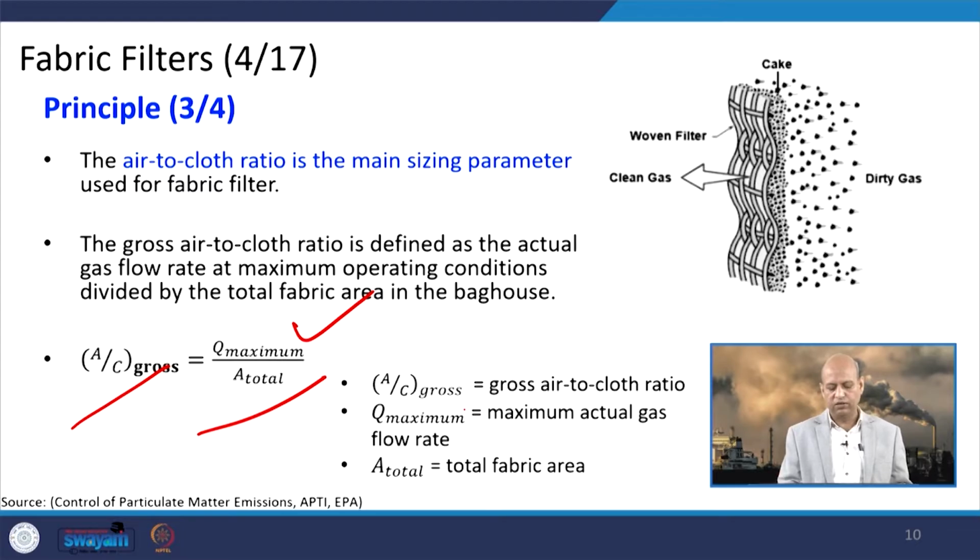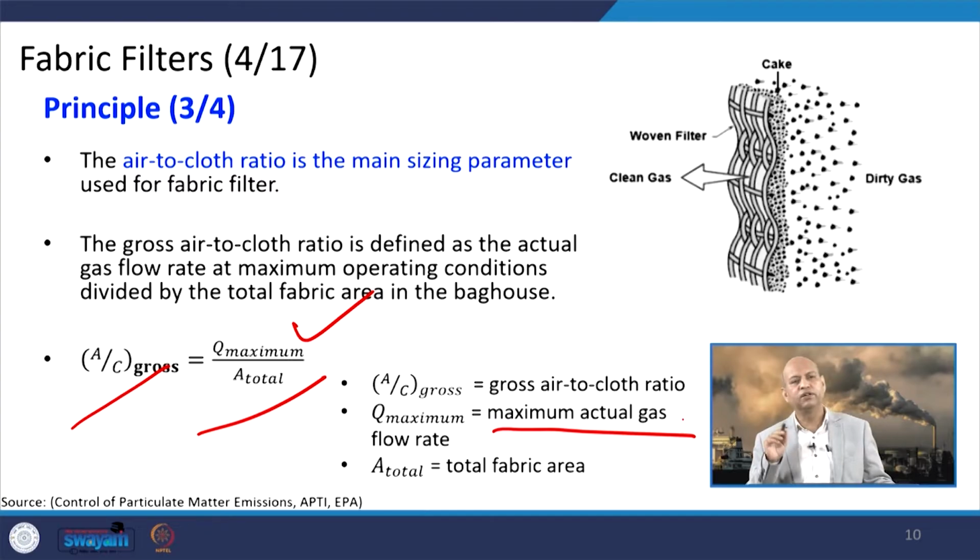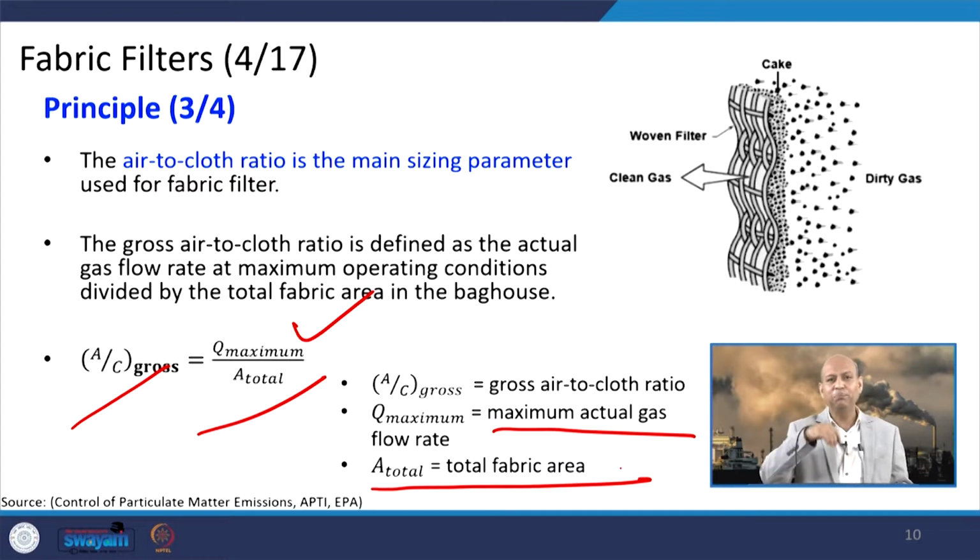Q maximum is the maximum actual gas flow rate, because it may fluctuate, so we take the maximum value. A total is the complete fabric area through which this gas will pass, including the pores.